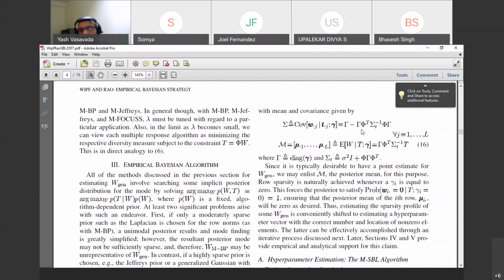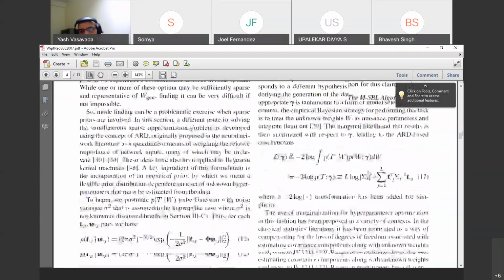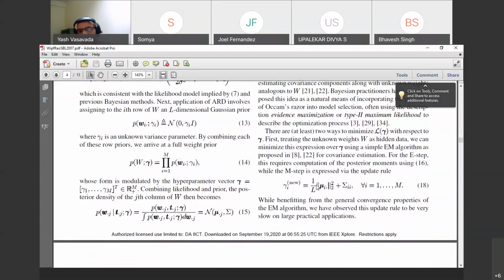The first line of equation 16 is how they are re-estimating the sigma. And then, as I said, the equations look very different compared to the MVDR, but the concept remains the same. In the expectation step, the algorithm does the number crunching over equation 16. And then in the maximization step, algorithm does the number crunching over equation 18.